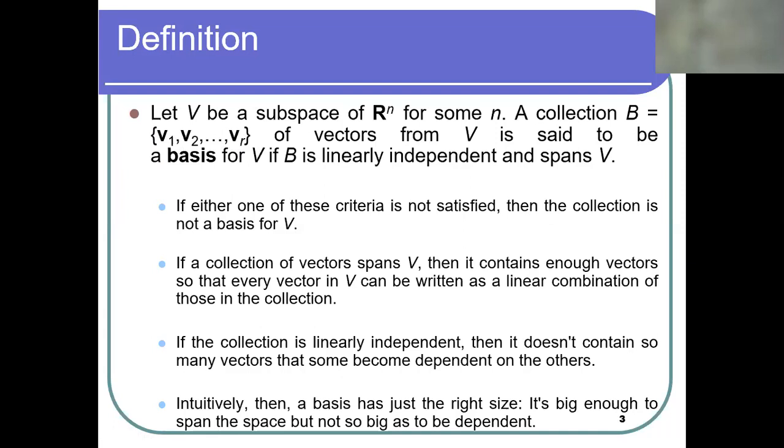If a collection of vectors spans V, then it contains enough vectors so that every vector in V can be written as a linear combination of those in the collection. As I have discussed, a basis shrinks the elements in any collection, let's say B, to only those elements which are linearly independent, which ultimately reduces the length of this collection.